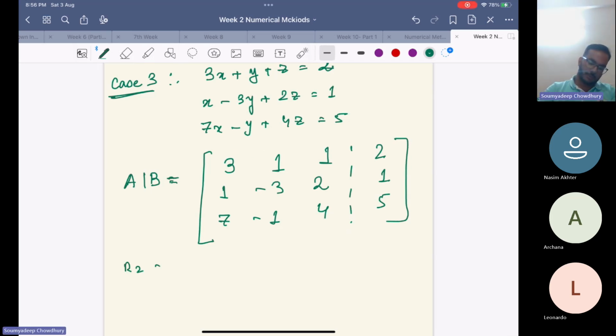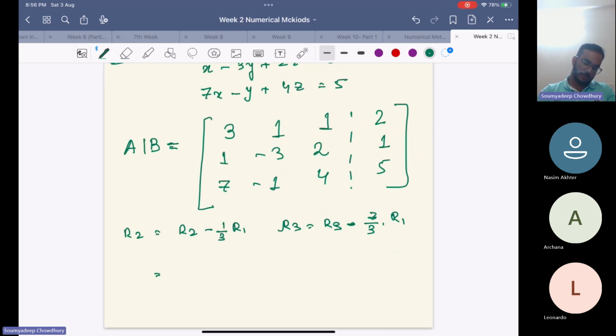So here we will represent R2 equal to R2 minus 1 by 3 R1, R3 equal to, I'm going a bit faster because these are the same thing I'm doing again and again, right? So R3 is equal to R3 minus 7 by 3 into R1.